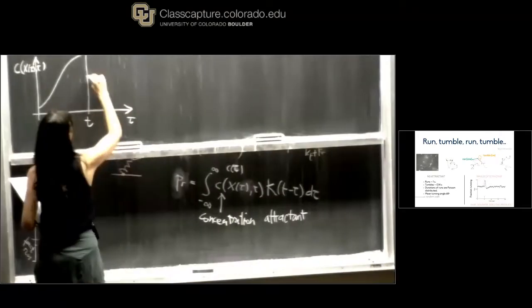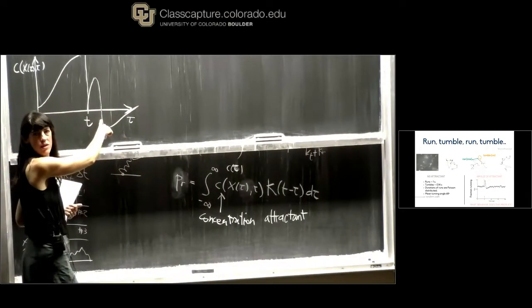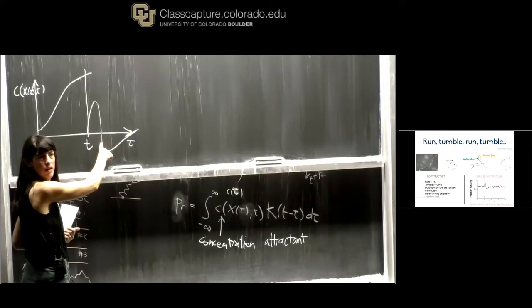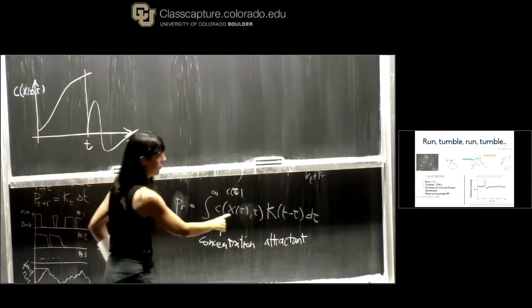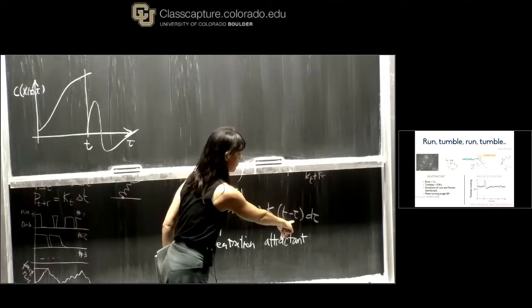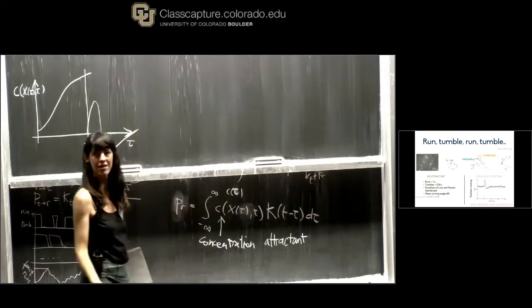Is this right? Should I do the convolution with this? No. I should reflect this, right? Because it's in t minus tau. So this is now talking about the past.